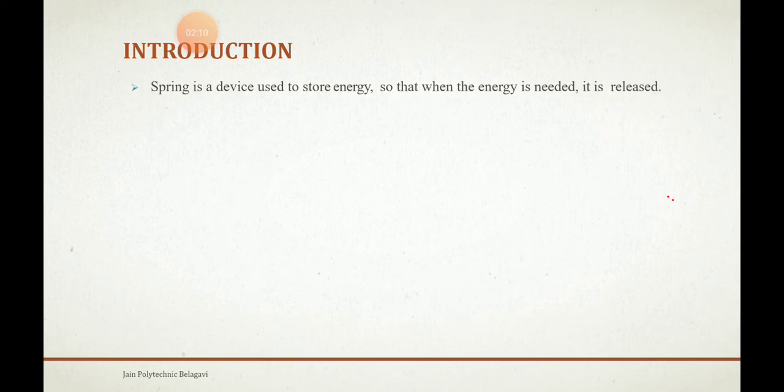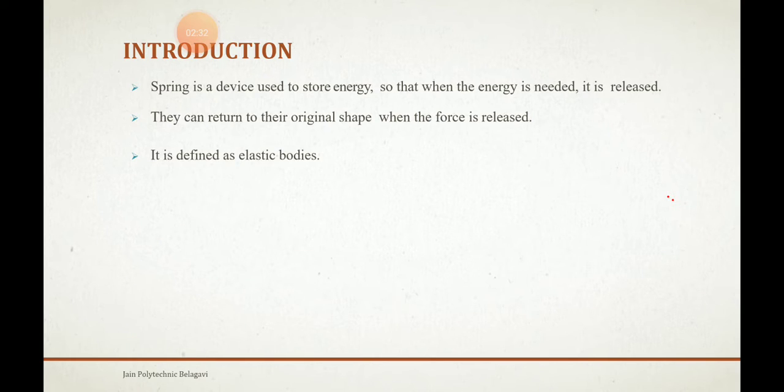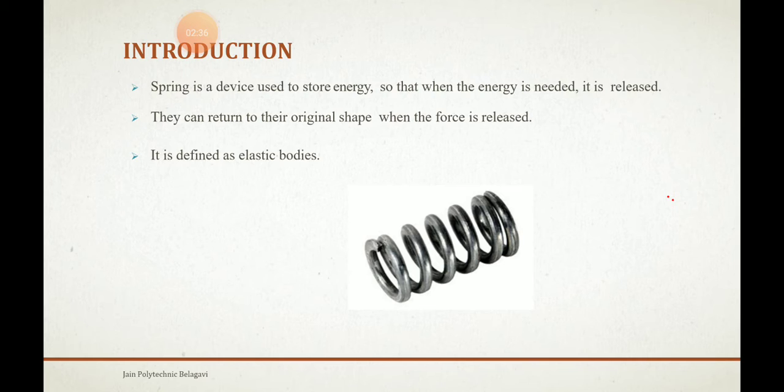Spring is a device used to store energy. That means when you compress it, it will store the energy, and when you remove the load, it will give back the same energy. They can be returned to the original shape when the forces are released. That means it's elastic. That's what elastic bodies are. This is how a typical spring looks.